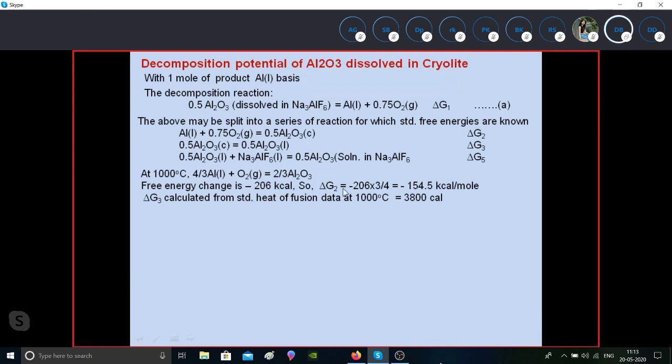Therefore, this has to be converted to 0.75, which is nothing but 3/4. So for this reaction, free energy change is minus 206 multiplied by 3/4, which lands up to a value of negative 154.5 kilocalories per mole.